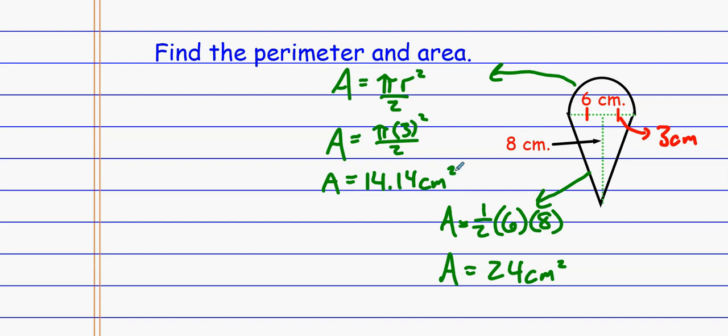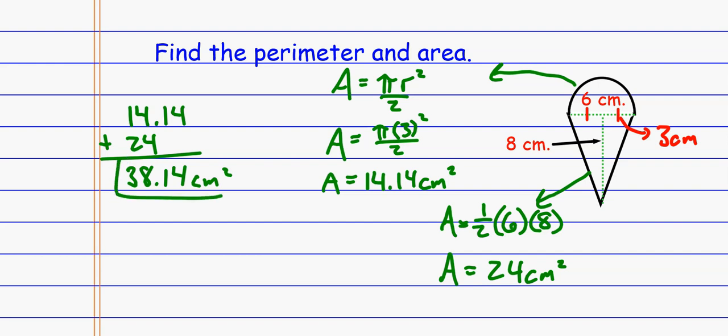Okay, but now the area addition postulate says, hey, if you take those two pieces and you add them together, it'll give you the area of the whole thing. So I get 38.14 square centimeters.